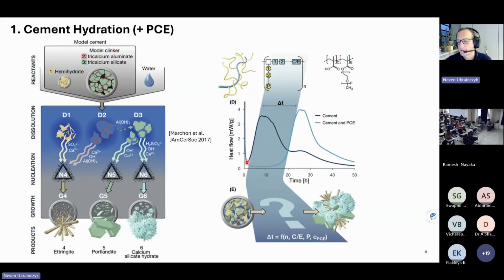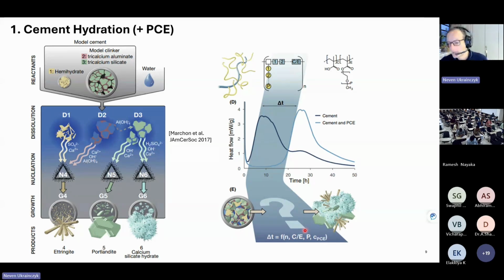The setting is the end of the workability, let's say. And then you have the hardening. You can have a very long setting time but very steep hardening, or a very short setting time but very slow hardening. Those are all things that you can control with different additives.